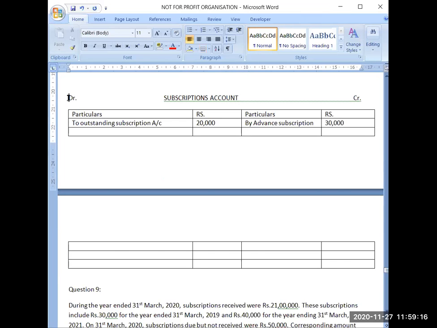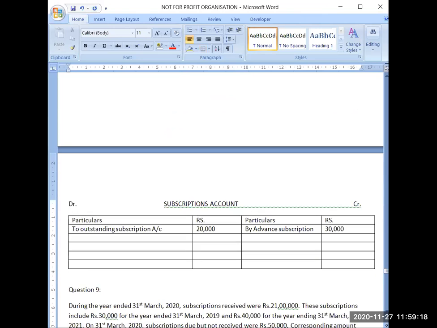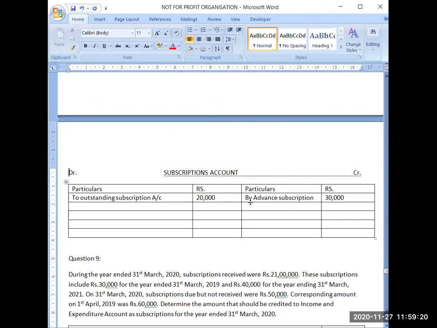Let me shift it to the next page. So what entry we would have done when we are receiving the subscription in the current year? The journal entry will be bank account debit to subscription account. So the entry will be here by bank account. And this amount received is 1 lakh.